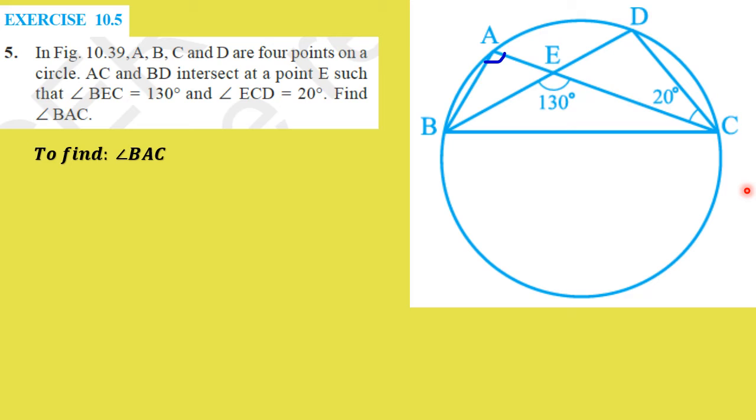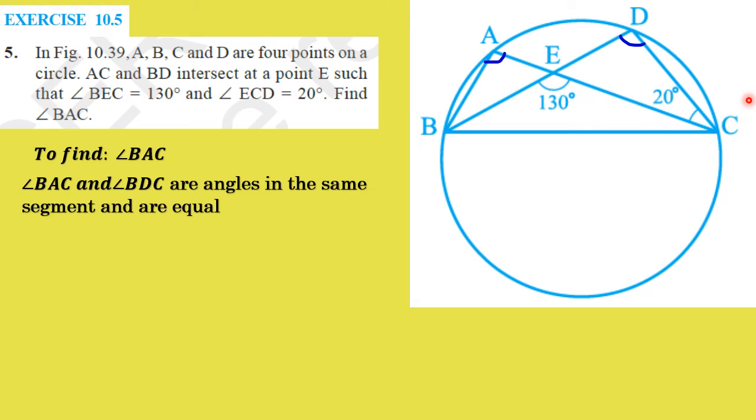Now look into the figure carefully. This angle BAC and BDC are the angles in the same segment, so they are equal. So to find this, if you find BDC, that is enough. Because here we know one more angle. So let us try to find angle BDC.